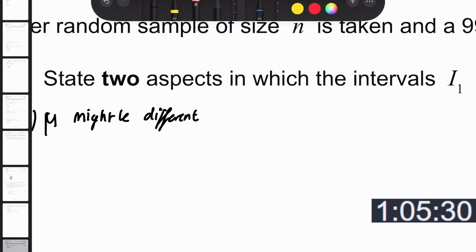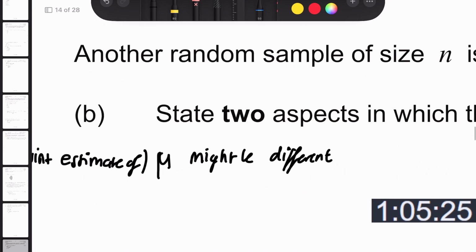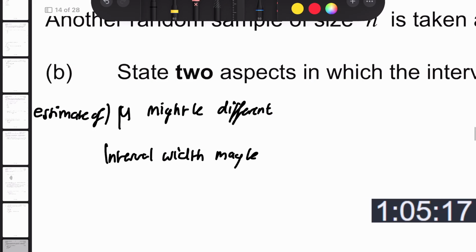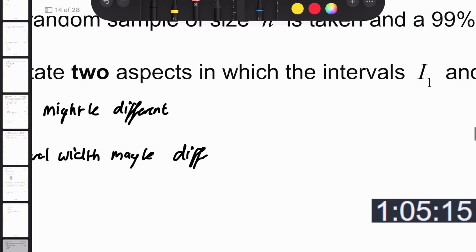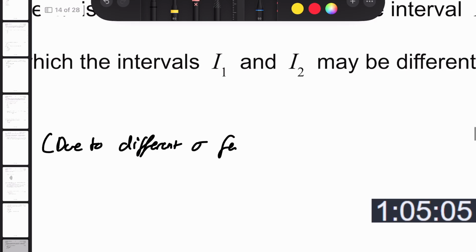And then since this is a different sample, the sample standard deviation might be different. So then the interval width may be different, I'll say here, due to the different sample.